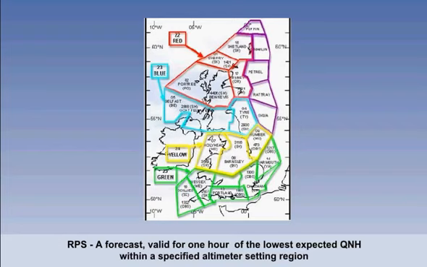This problem is solved by the provision of regional pressure settings, called RPS. The map shown here allocates areas where RPS values are issued. These areas are known as altimeter setting regions, or ASRs. When flying into these various regions, the altimeter should be reset to the values provided by them.